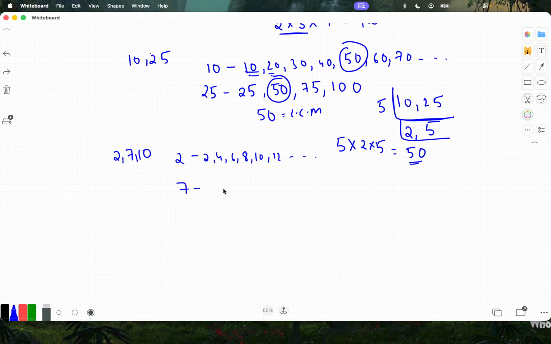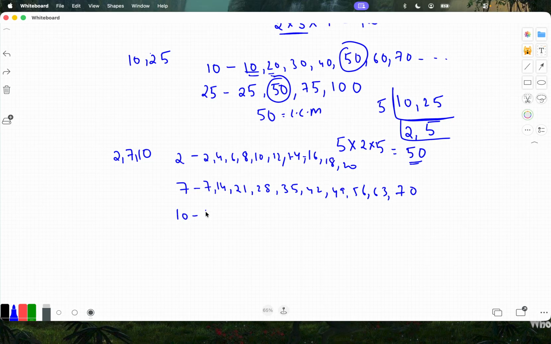What are the multiples of 7? 7, 14, 21, 28, 35, 42, 49, 56, 63, 70.